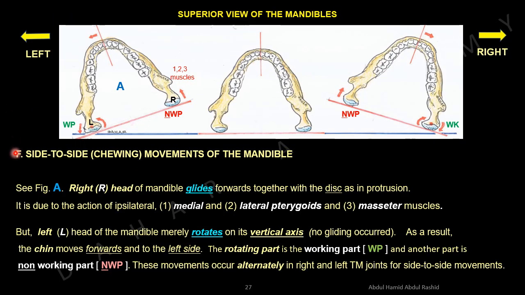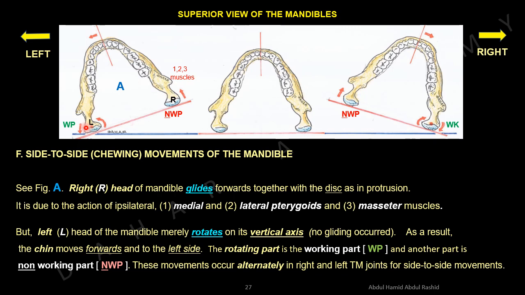F. Side to side, that is chewing movements of the mandible. Let's see the diagram, a superior view of the mandible. Let's concentrate on number A. You see here, this is the right head of the mandible, and this is the left head of the mandible.